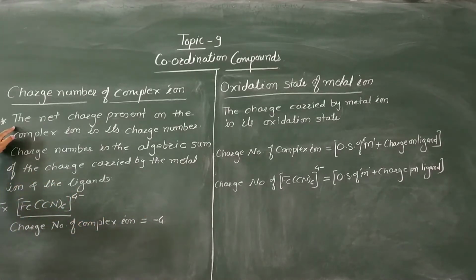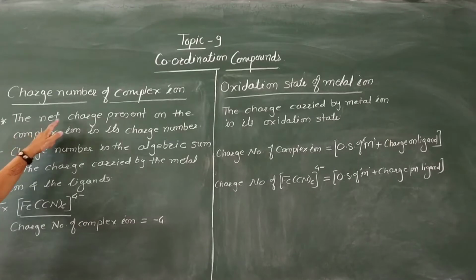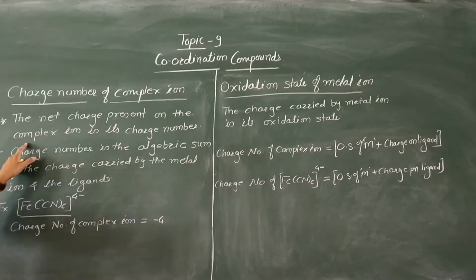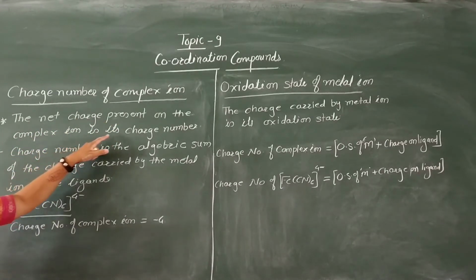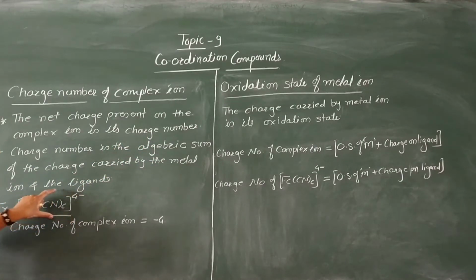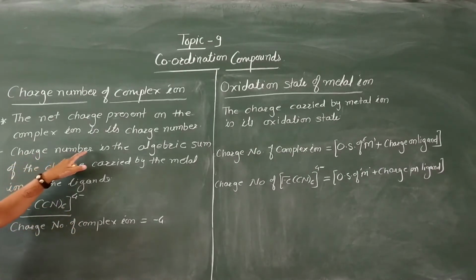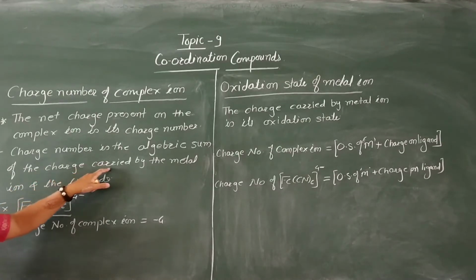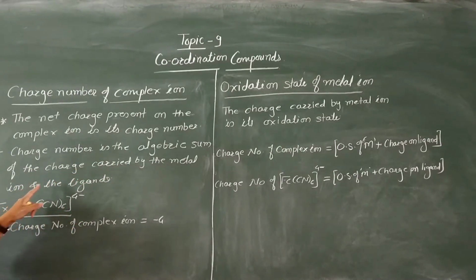Now here the net charge present on the complex ion is its charge number. That is, the charge which is present on the complex ion is its charge number. Charge number is the algebraic sum of the charges carried by the metal and the ligands.